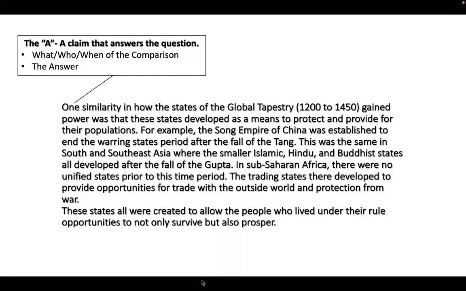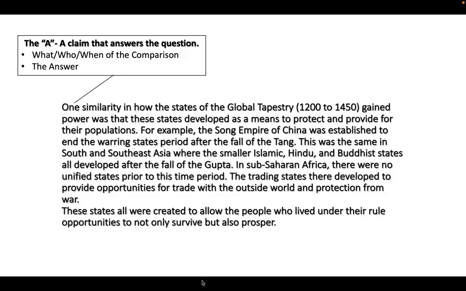So that claim sentence has to have what you're comparing, who you're comparing, and when. So we look at that, okay? It says similarity, so this is what we're doing. And it also says gained power. When we talk about who, we're talking the states of the global tapestry, and also the global tapestry is when.